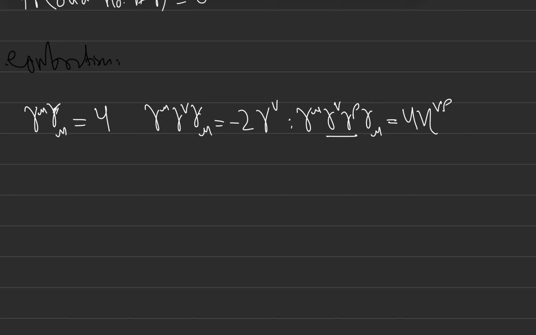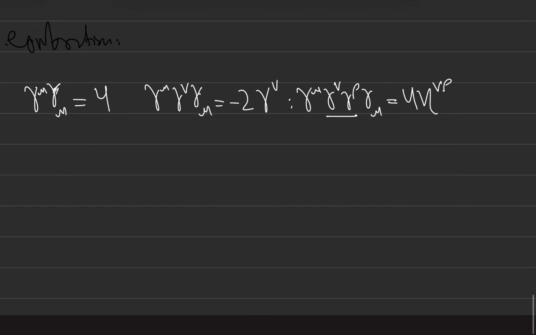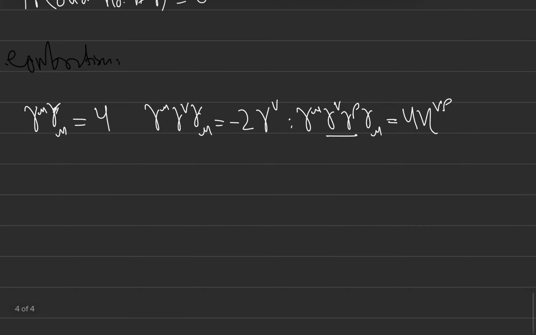Cool. Now here comes the most important matrix. Not the most important, but so far among the identities or the properties, the most important one. It's not even a property, but kind of a construction that we have made. So we define a matrix gamma 5 as the product of all the matrices.